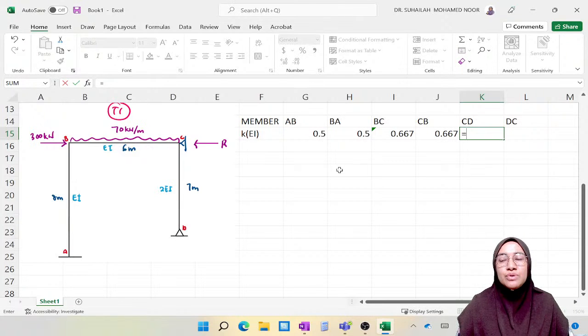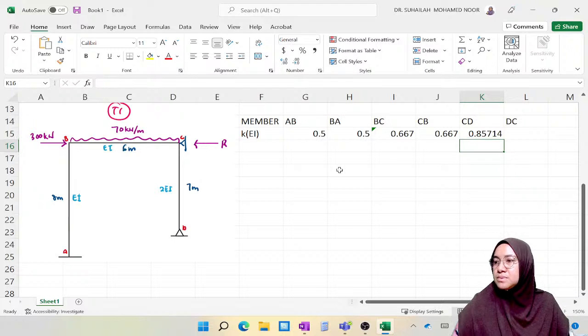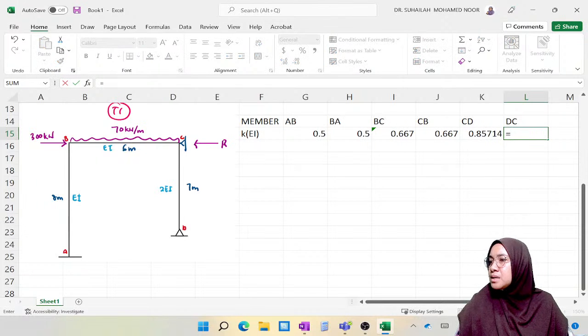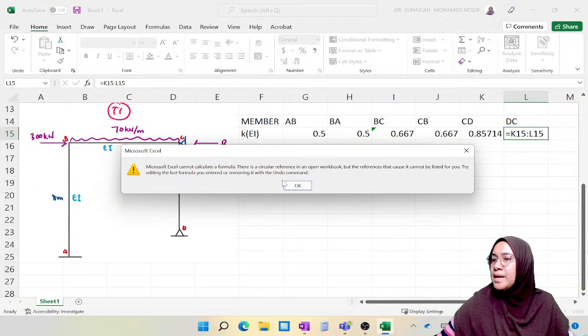For far end pin, we use 3EI over L. It is 2EI, so 3 times 2 divided by 7. Please check whether I am calculating the right value, the right answer.